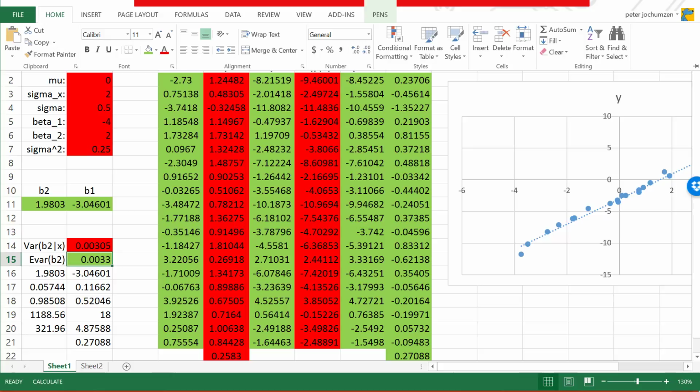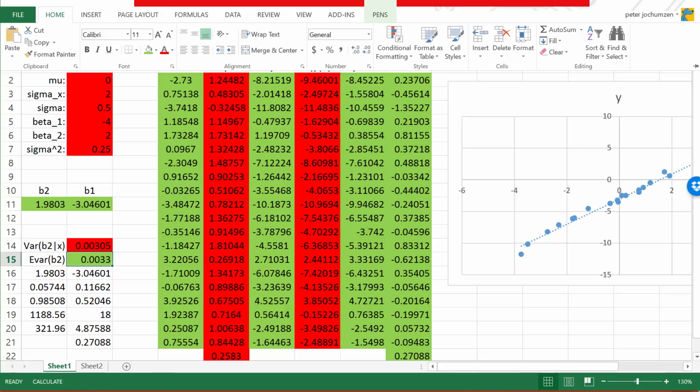This thing that I calculated in my cell B15 is a very important number. Why? Because it gives us a measure of precision in our B2. It tells us how certain we can be of our estimate. So a B2 with a high variance is not worth that much.